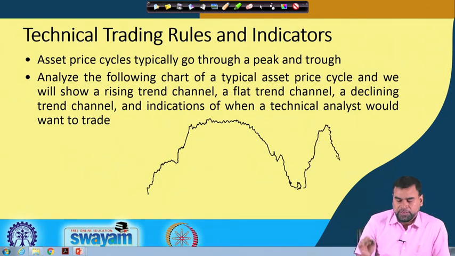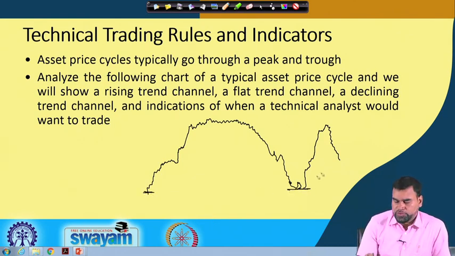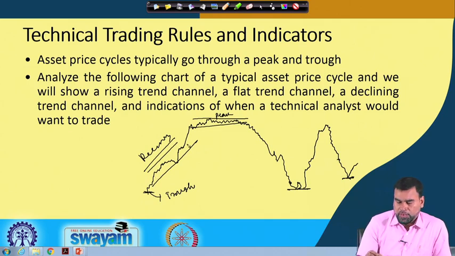Here this is one lowest range, this is another lowest range, and here also you can make another. These are the troughs, and this is your recovery period, and once it reaches the peak, this is the flat trend we have observed, this is the upward trend, and then the downward trend starts, which we call the recession, and finally it reaches the trough again and starts picking up.